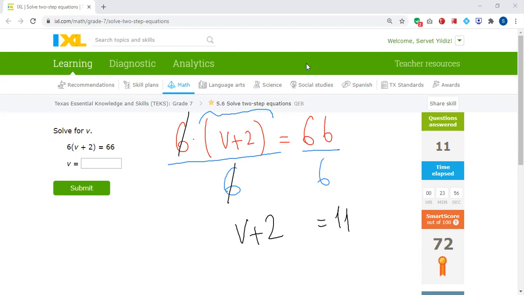So now I can subtract 2 from both sides. On the left, we will have only v, because 2 minus 2 is equal to 0. And 11 minus 2 is equal to 9. So v is equal to 9 is the answer.